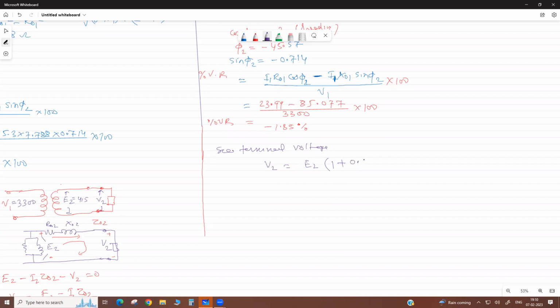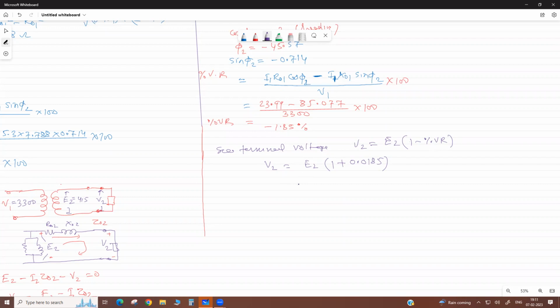It becomes plus 0.185. Actually, in the formula, V2 equals E2 into 1 minus the per unit voltage regulation divided by 100. So if negative, it becomes positive.